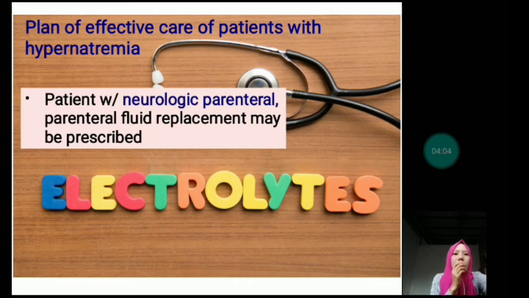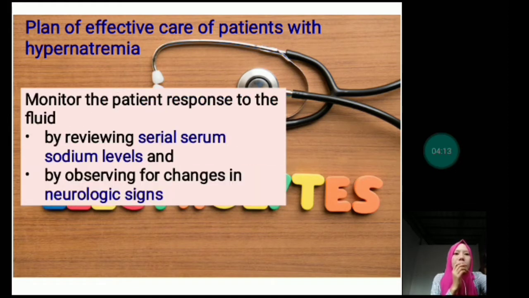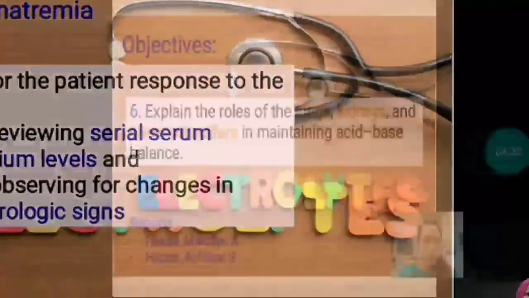Next, for patients with neurologic symptoms, parenteral fluid replacement may be prescribed. Next, the nurse must monitor the patient's response to the fluid by reviewing serial serum sodium levels and by observing for change in neurologic signs.